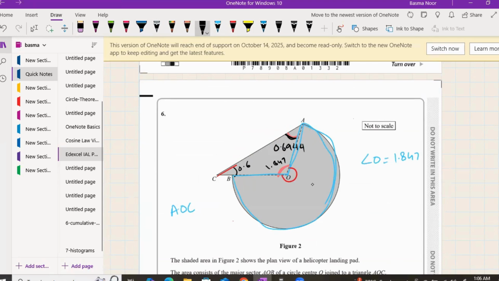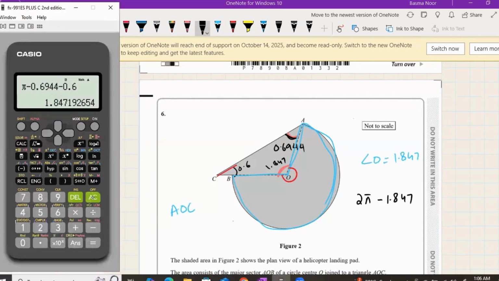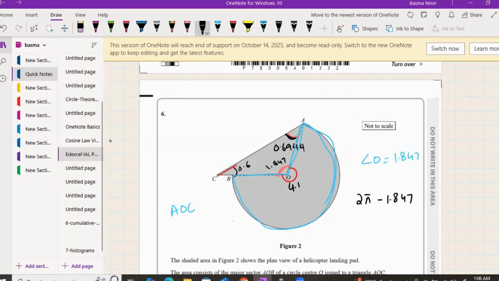The total circle is 2 pi, so you will do 2 pi minus 1.847, which makes 4.43618. We are not rounding it up.